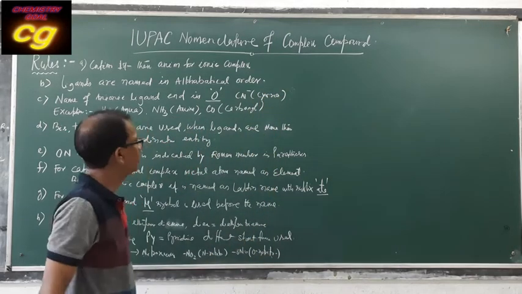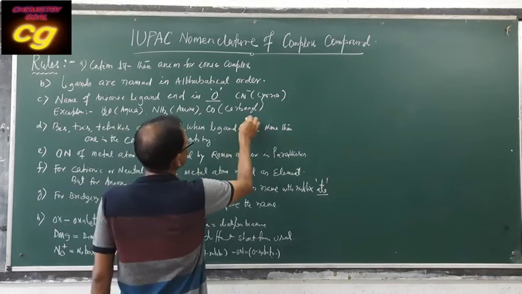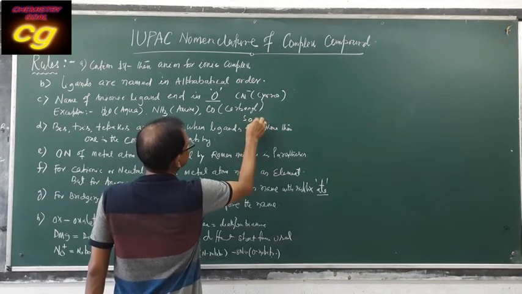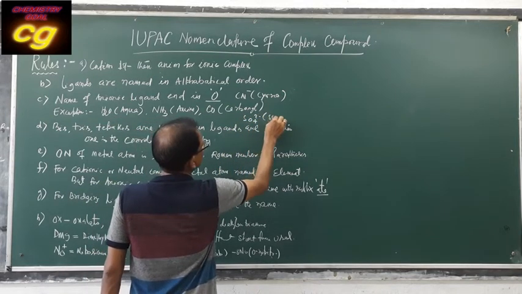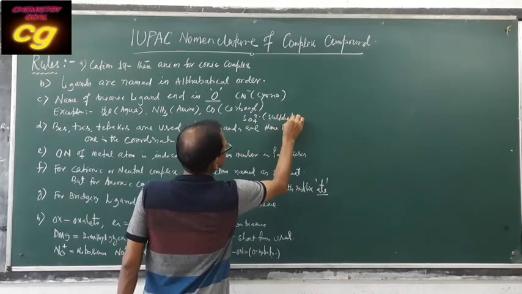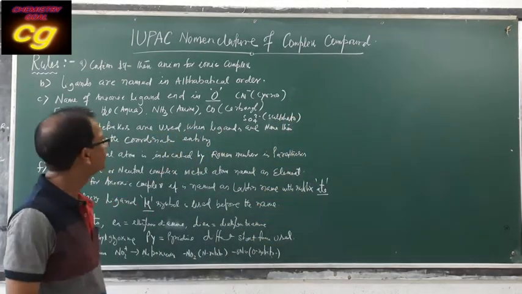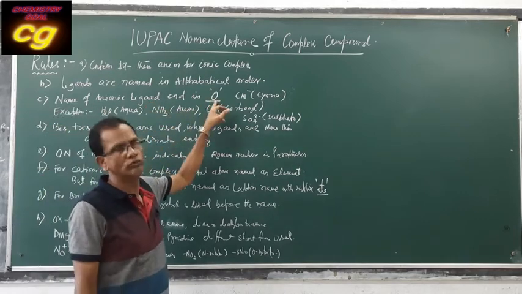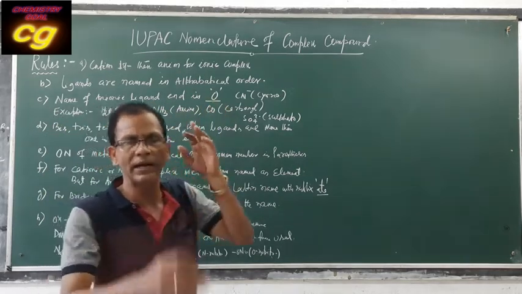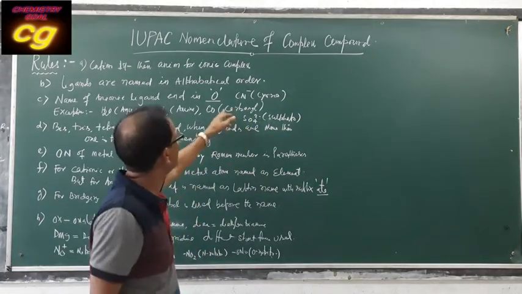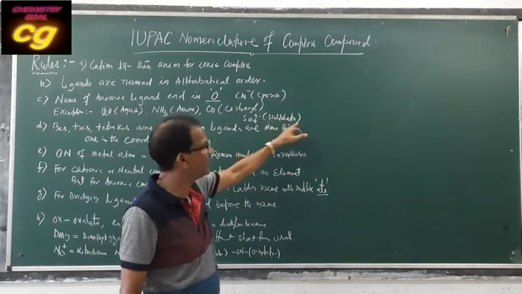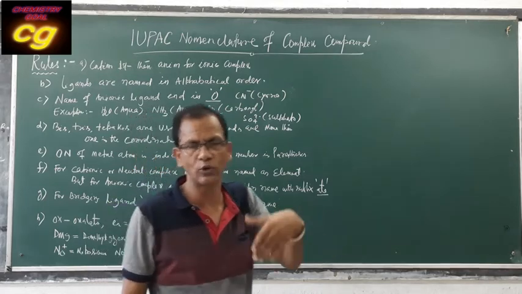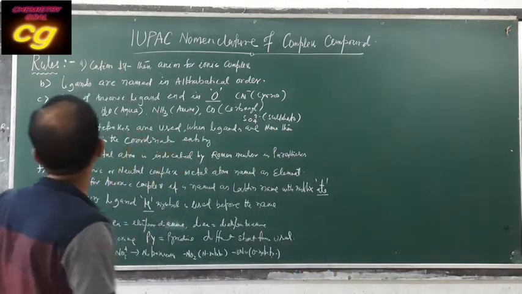Sulfate is named sulfato. So for all negative ligands, O will be added as a suffix. So cyano, sulfato, nitro, hydroxo can be used.